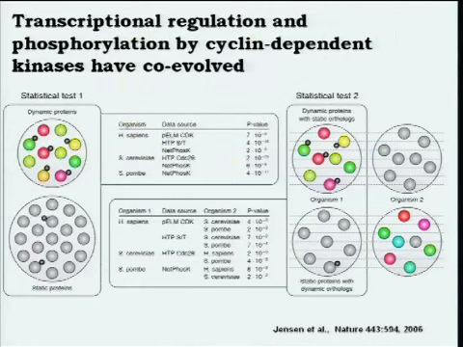As you also know, many of the cell cycle related proteins are heavily phosphorylated. They are modified in various ways. And what you see here is 2 statistical tests for comparison of the colored dynamic proteins with the gray static proteins here.